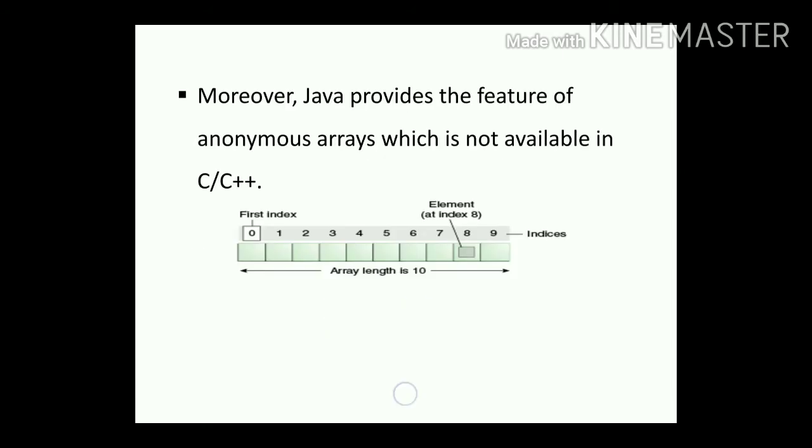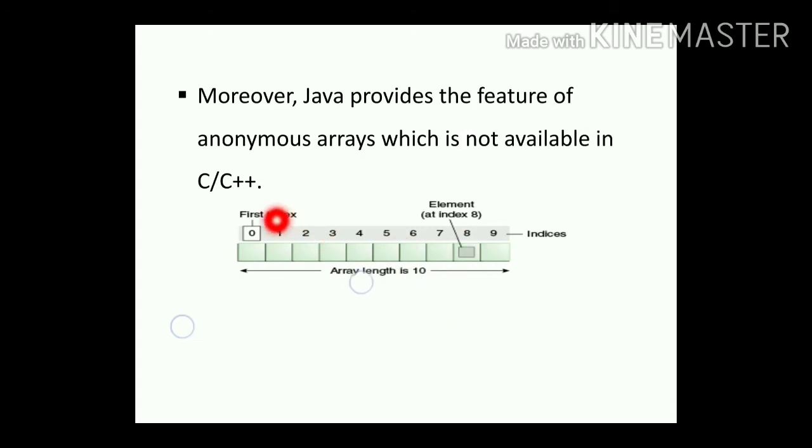Here is an example of an array, showing how we can store the array elements in memory. First, we can declare an array of size 10, and then the indexes start from 0 to 9.